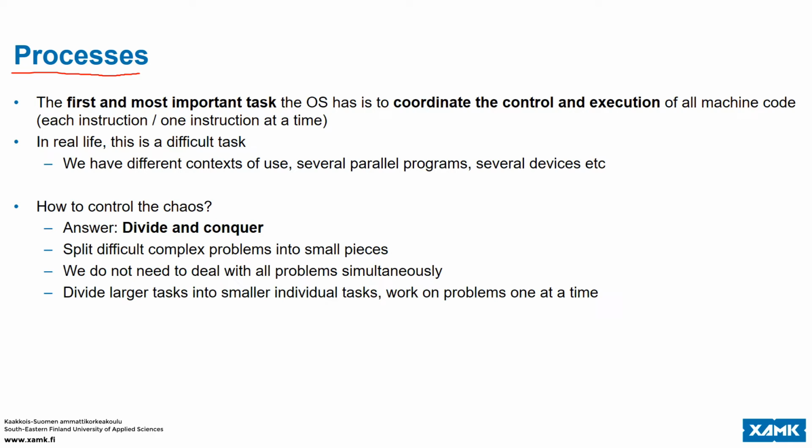In real life, this is a very difficult task because we have many different contexts of use, several different programs that we want to run at the same time. We also have several hardware devices. We usually have at least one processor, at least some memory, one or more hard drives, and other peripherals. So all of this coordination in real life is not very easy.